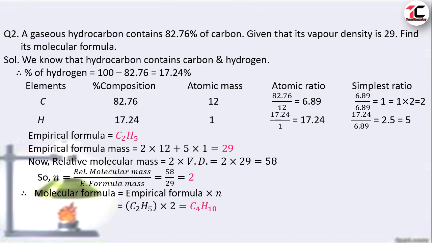Now it is time to find N. N will be 58 by 29. We get 2. So we can find the molecular formula. Molecular formula is equal to empirical formula multiplied by N. Empirical formula is C2H5 multiplied by N. Then we will get C4H10. This is the molecular formula of the hydrocarbon.